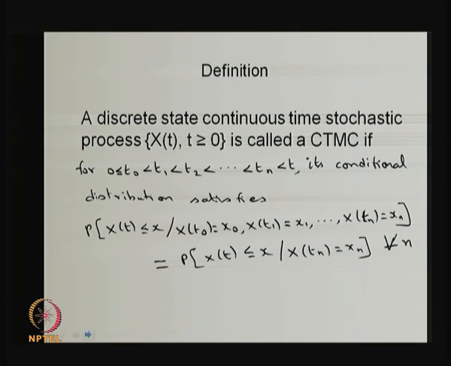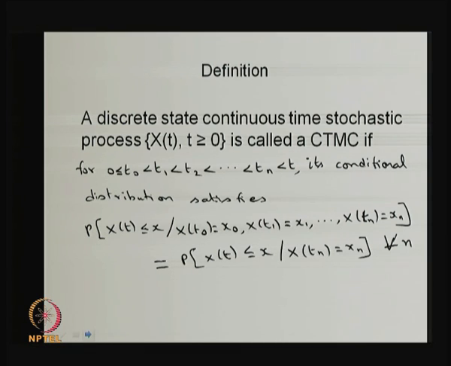That conditional CDF, if it is the same as the conditional CDF of X(t) given only the last random variable X(tn) equal to xn. These n plus 1 time points are arbitrary time points. So, if it is satisfied for every n, that means the conditional distribution given the n plus 1 random variables is the same as the conditional distribution given the last random variable.